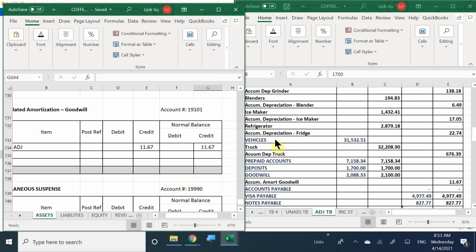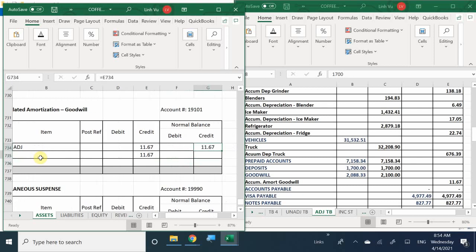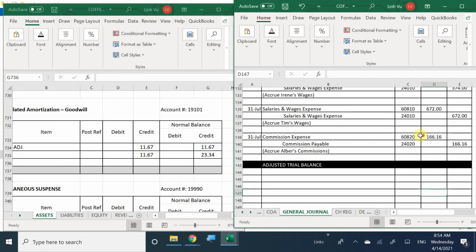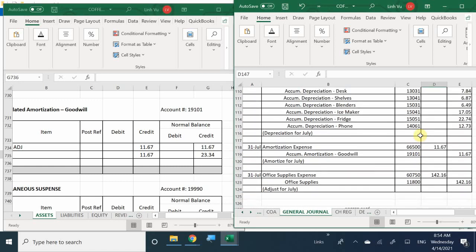Oh my gosh. No, there should be something here. I should have recorded it for July. So let me see my journal here. Yep, amortization expense for goodwill should have been there for 1167.